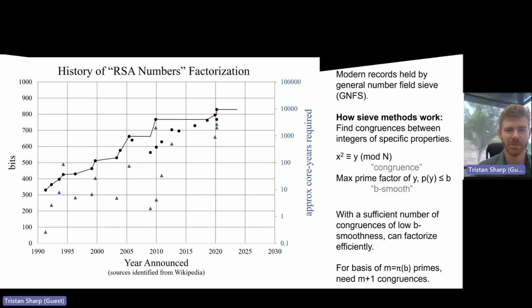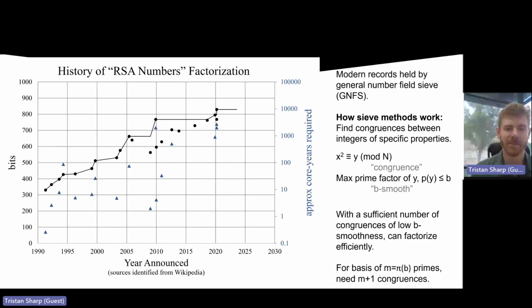And how do sieve methods work? Well, I won't go through all the modular arithmetic and analysis. However, you're finding congruences between integers of specific properties, specifically subject to this property called B smoothness for the integers.